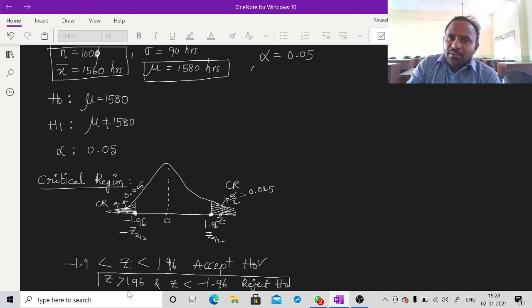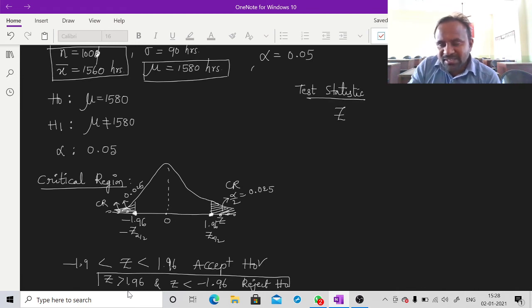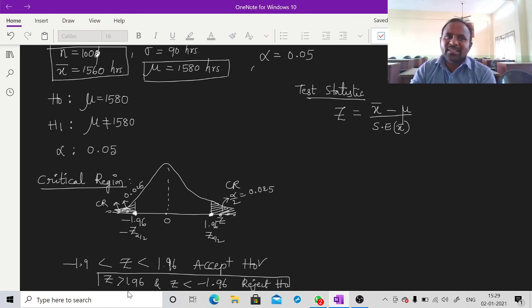Now you are calculating the test statistic Z. That is just a formula. The test statistic is the next step. Your test statistic to test this single mean is the statistic minus the mean of the statistic, but the mean of these means is equal to the population mean itself, divided by the standard error of the statistic. Your test sample statistic is x bar here.